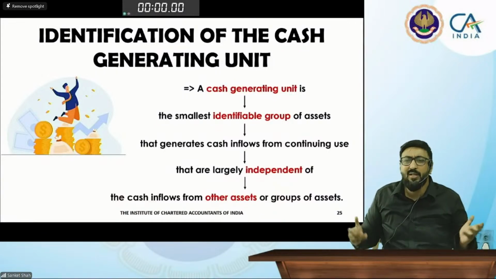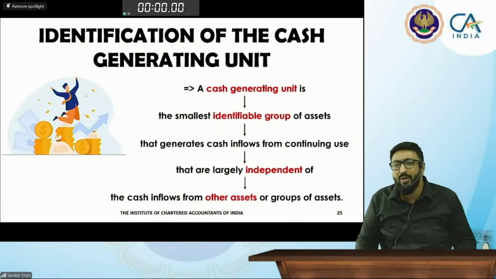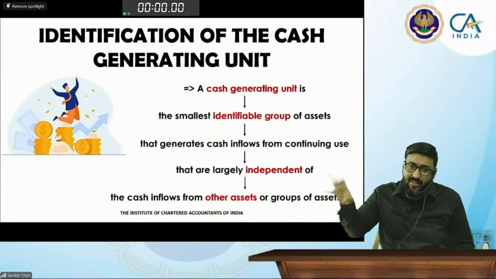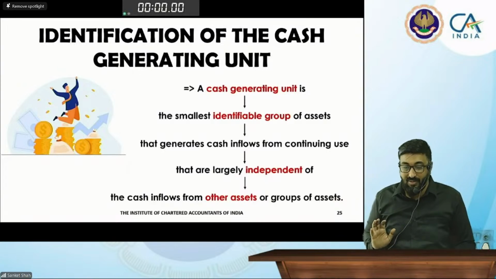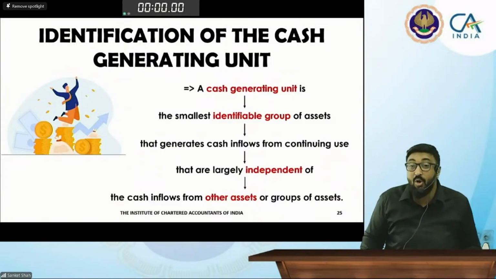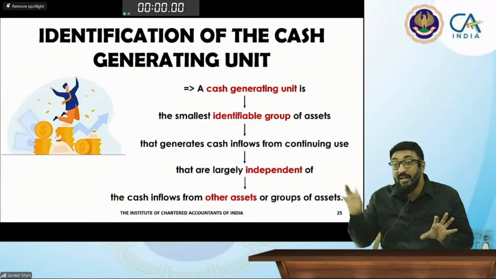Okay. And logically, some assets are not giving you independent cash flows. Though the asset is independent, it is not giving independent cash flows. And therefore, we will see the test of CGU and not the individual asset.